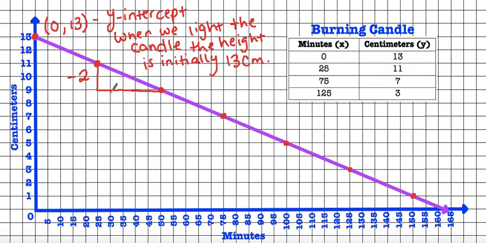So from here to here, it's 5 minutes. From this space to this space, it's another 5. So 10, 15, 20, 25. So our slope is that our candle burns 2 centimeters every 25 minutes.